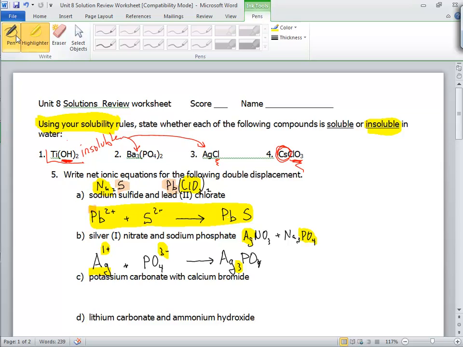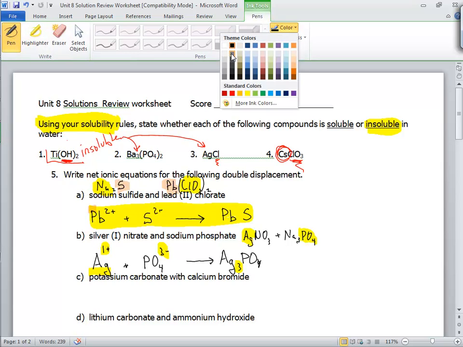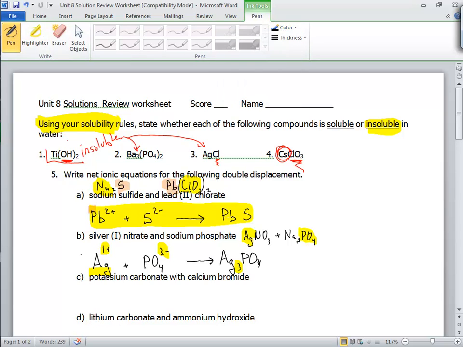And so to make this balanced, we need a 3 in front of the silver to give us both a charge of +3 and balance the charges to make them add to 0, and to make it so we have the same number of silver and phosphorus and oxygen on each side of the arrow.